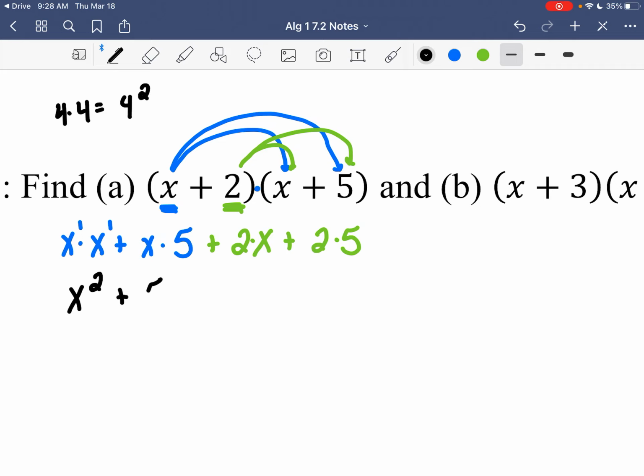Plus x times 5 is 5x. Plus 2 times x. Plus 2 times 5 is 10. Now, the only thing we can do from here is put together like terms. Simplify.